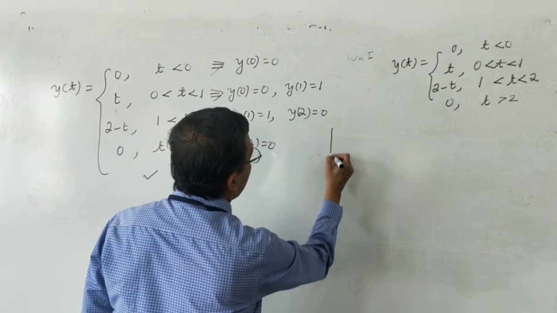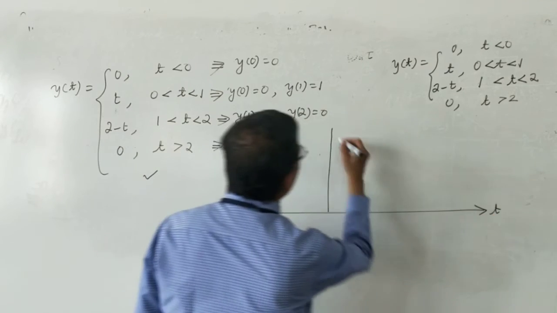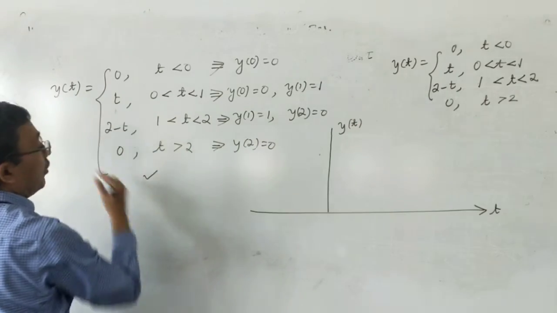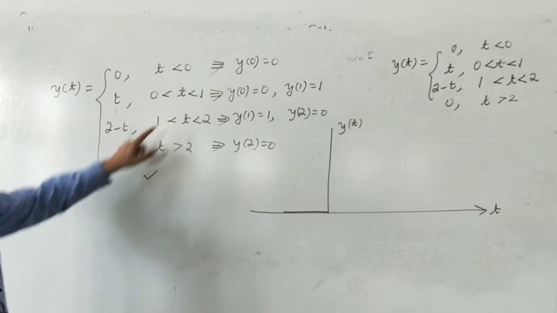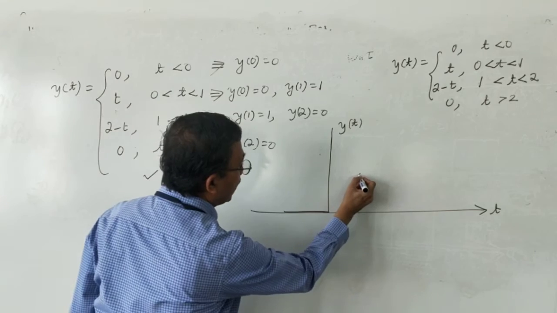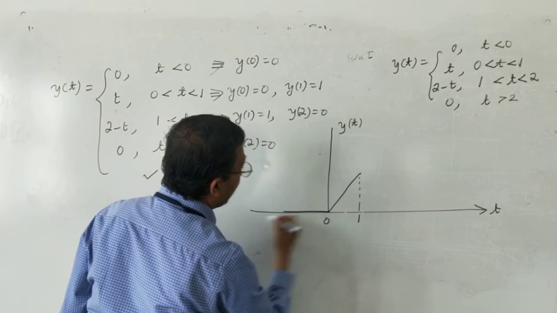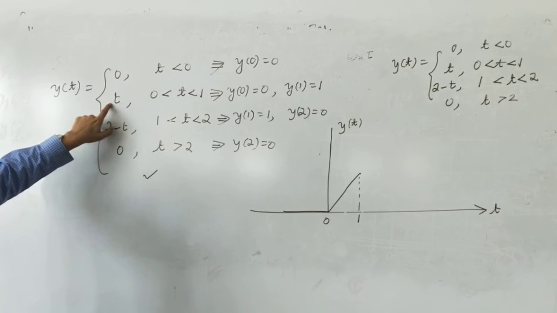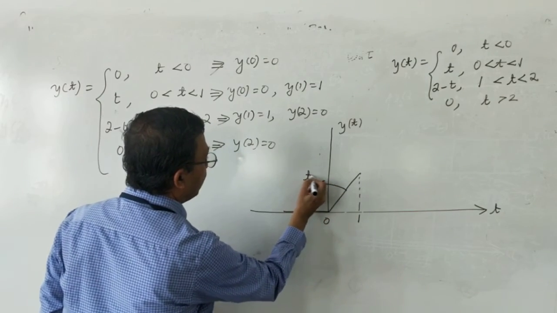I'll sketch y of t. Please watch. X-axis is t. Y-axis is y of t. For t less than 0, y of t is 0. For t between 0 and 1, y of t is t. This is the equation of a straight line, like y equal to mx. m is 1, x is t, so the equation of the straight line is t.